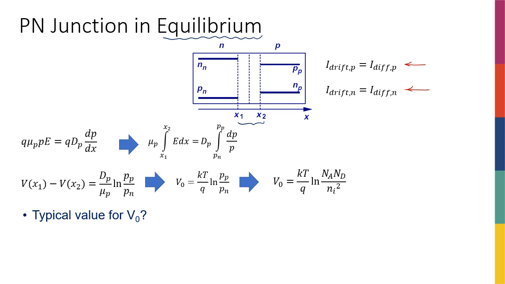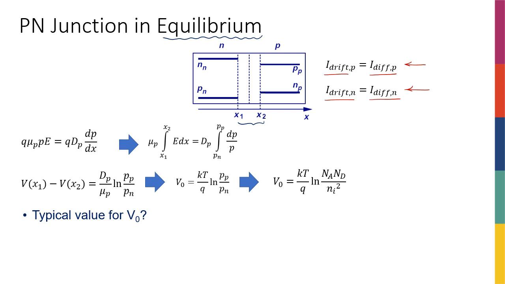Meaning that either there are no holes moving from left to right or right to left, or if they are moving, the number of holes moving from right to left due to diffusion is equal to the number of holes moving from left to right due to drift. Okay, so the drift current and diffusion current for holes, and the drift current and diffusion current for electrons, are going to be exactly equal to each other.